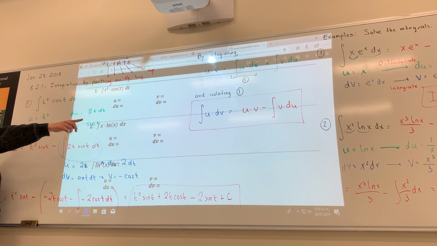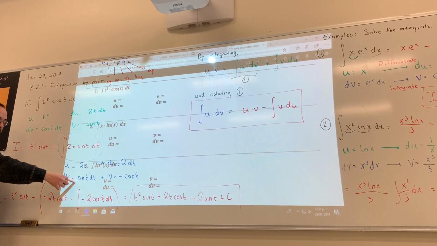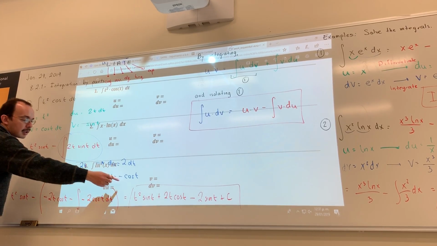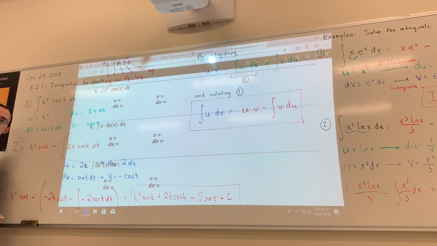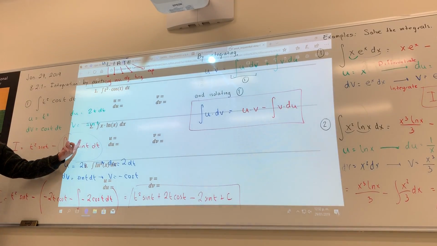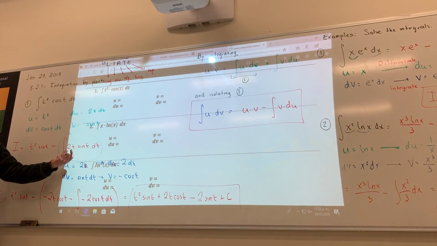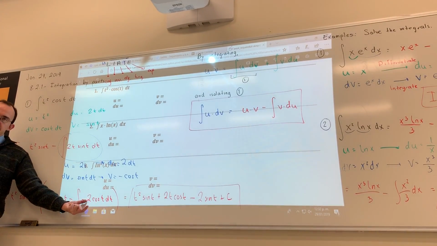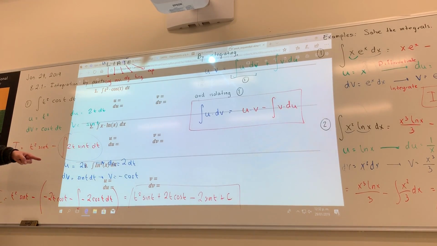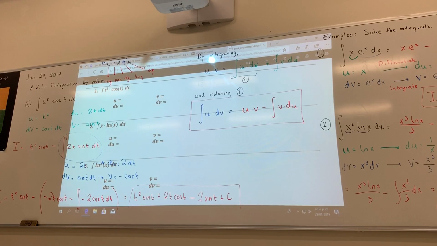So when I apply the formula, u times v is this one. This is the one that I had at the beginning. But this part of the parenthesis is the solution of this part. And then I need to solve this integral directly, which is the last term. Okay? Questions?